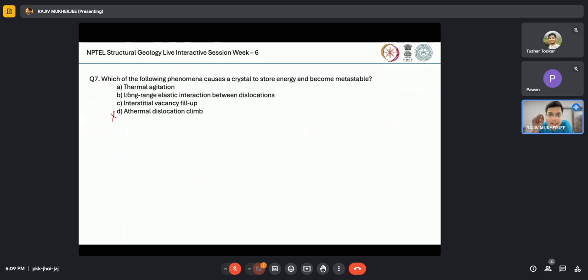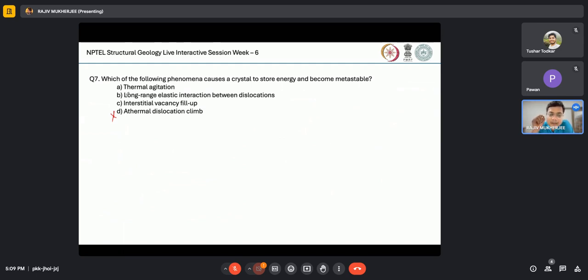It will eventually lead to the phase transformation. From solid, it will turn to liquid, right? That's how the material will utilize the energy you are providing, and it will eventually transform to a new thermodynamic phase.